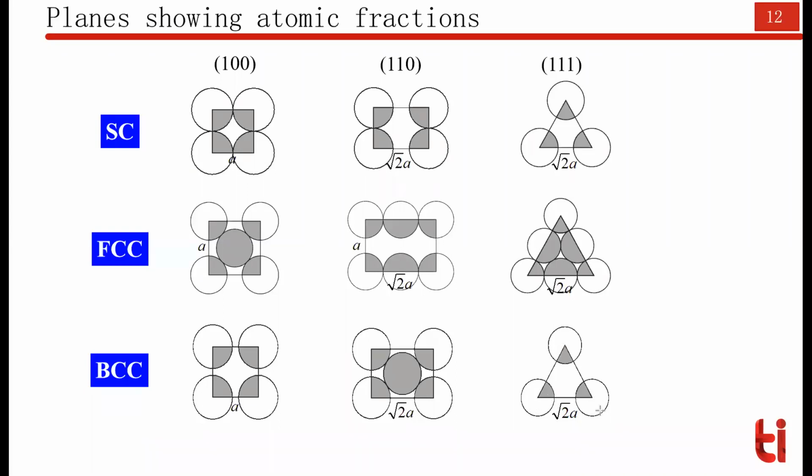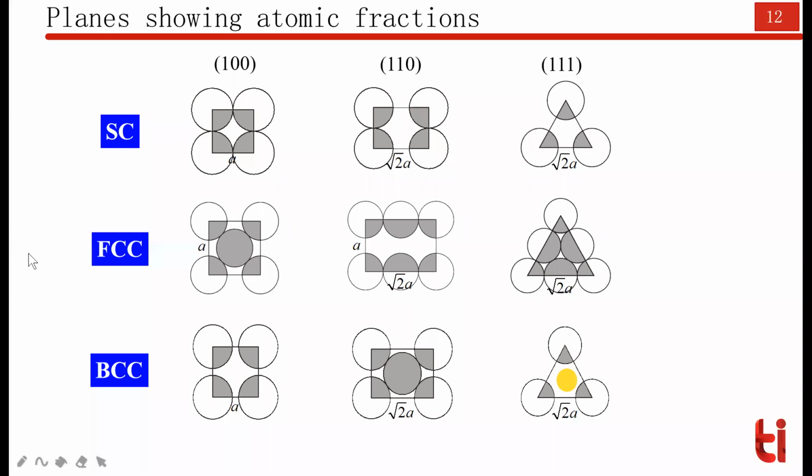Now many students get confused whether your central atom should also lie on this particular plane or not. Means the question is whether you should have a central atom here or not. Answer is no, it is not. Why? Because your 111 plane is basically an inclined plane.